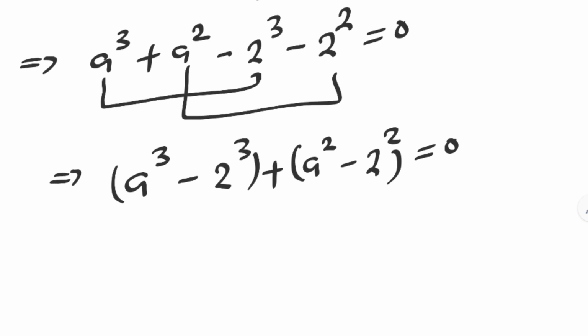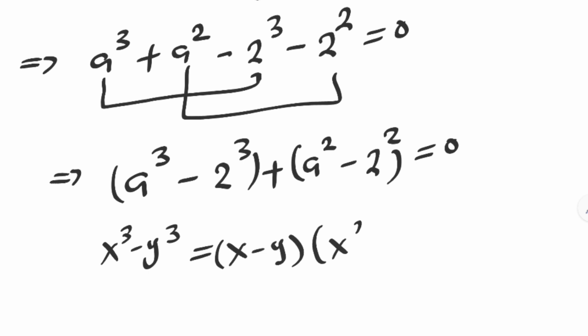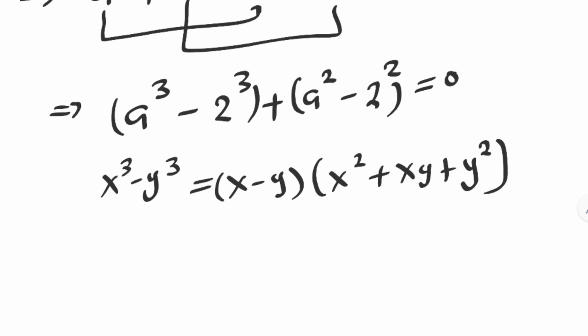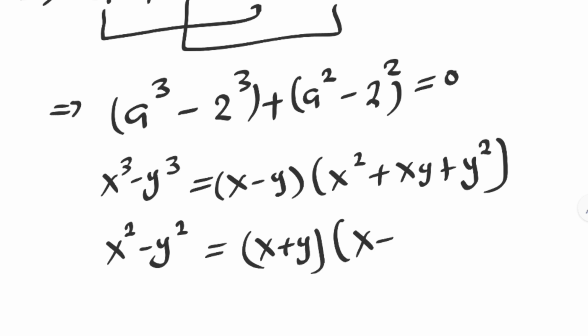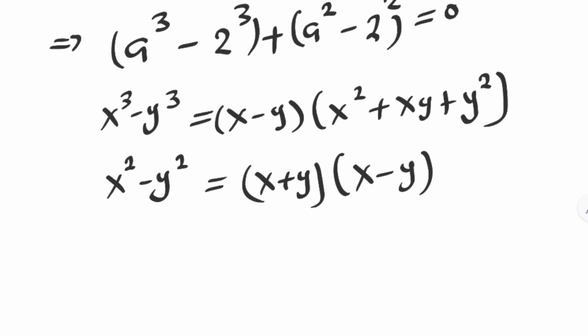Take note of this, that if you have x raised to power 3 minus y raised to power 3, this is equal to x minus y bracket x square plus xy plus y square. Then if you have x square minus y square, this is equal to x plus y bracket x minus y, where x is equal to a and y is equal to 2.